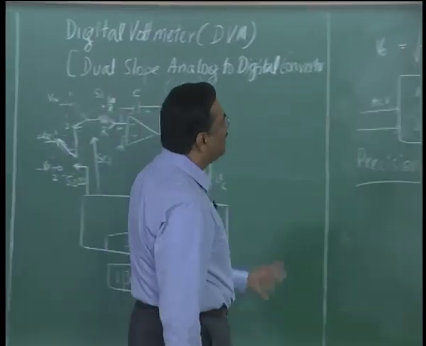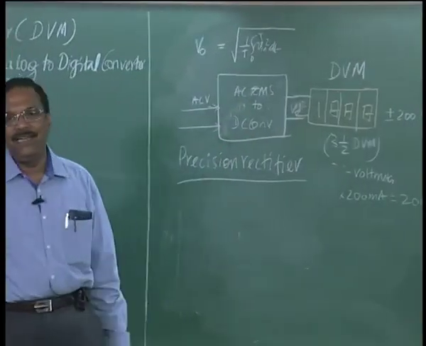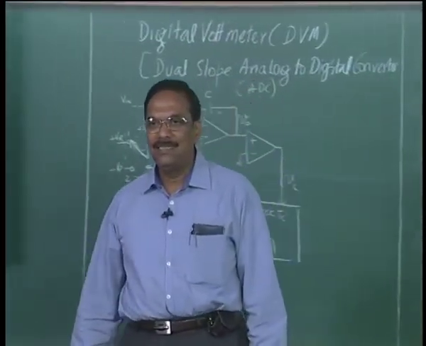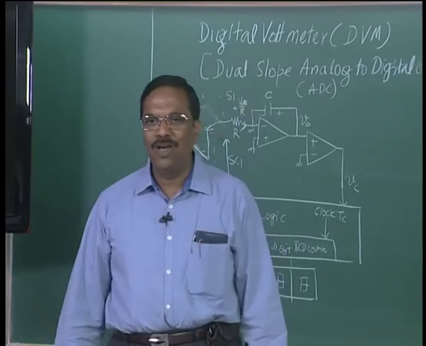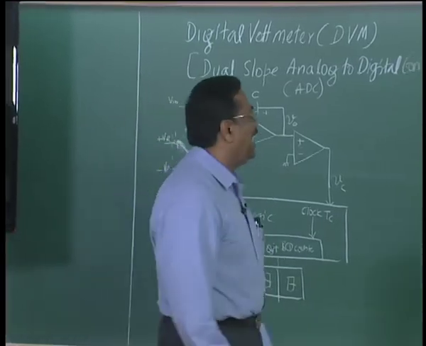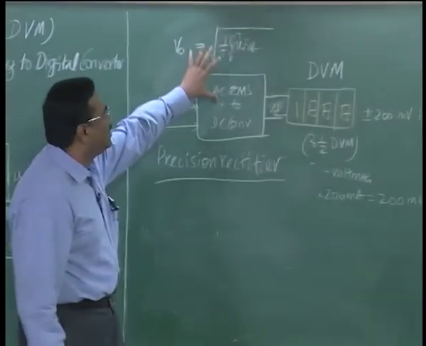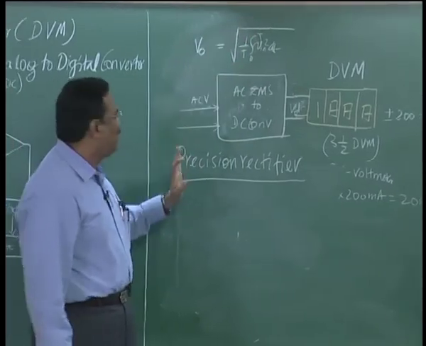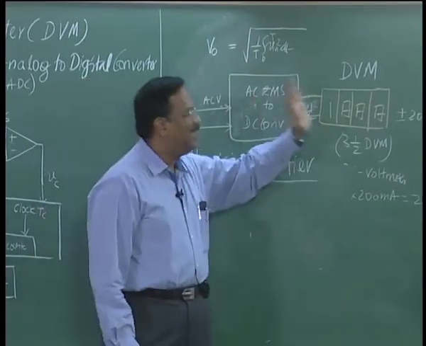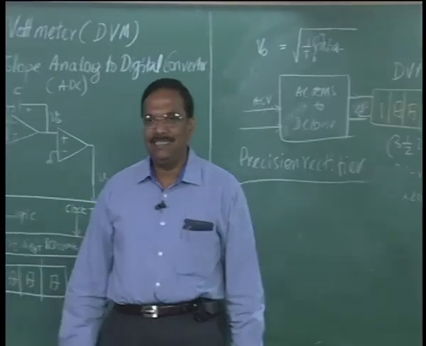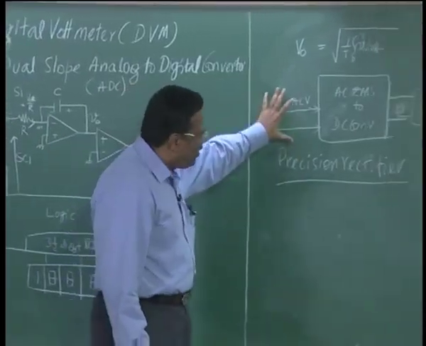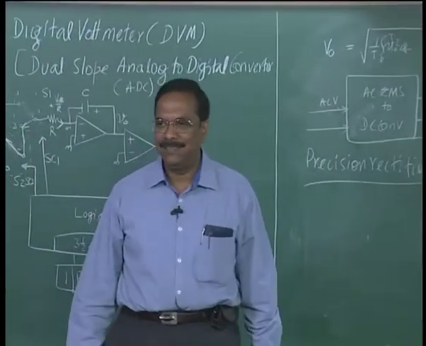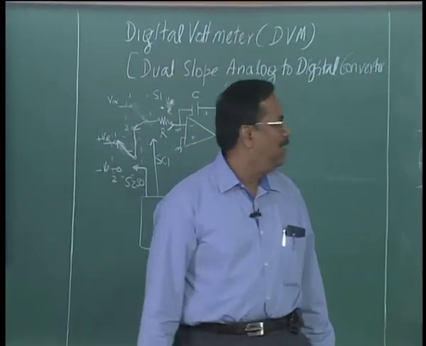So some digital multimeter manufacturers put this circuit. In such a case they will boldly claim that it is a true RMS meter, because the moment I have an AC RMS to DC converter active circuit, whatever be the AC waveform, I will get the RMS value read by the digital voltmeter. This again we will see in the next class, what is an RMS to DC converter.